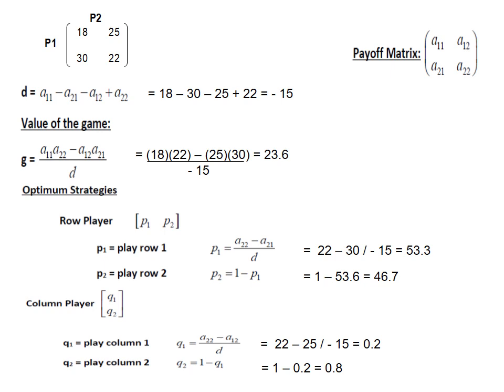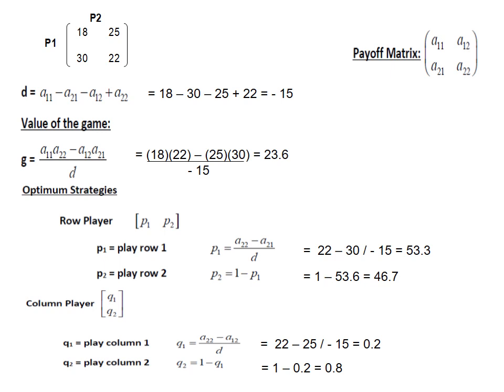We can also use the payoff matrix A11, A12, A21, A22. First, calculate the divisor. D equals 18 minus 30 minus 25 plus 22, equal minus 15.